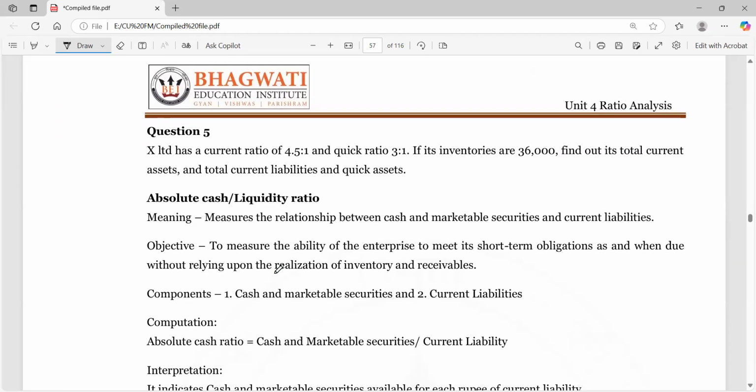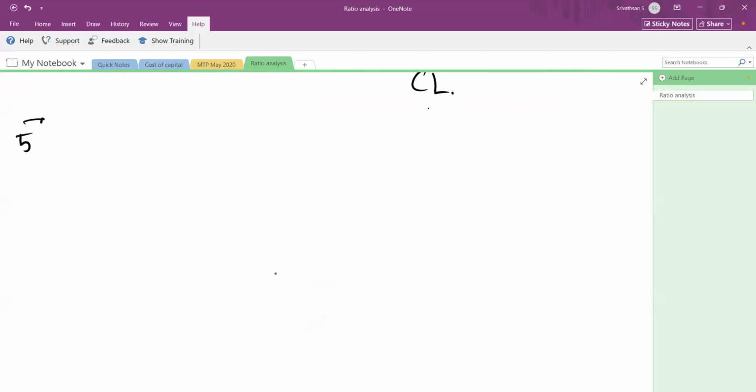Now listen, question number 5. X Limited has a current ratio of 4.5:1 and quick ratio of 3:1. If inventories are 36,000, find out its total current assets, total current liabilities and quick assets. So look at question number 5.